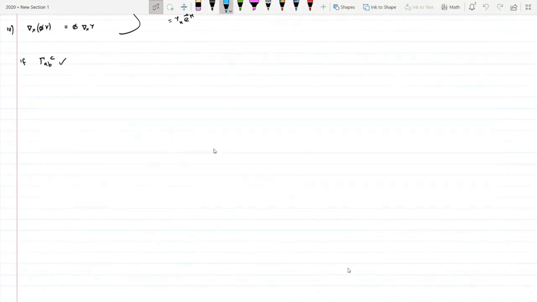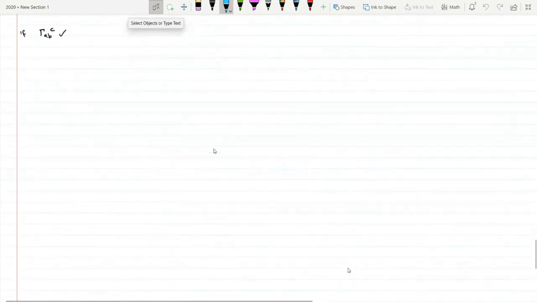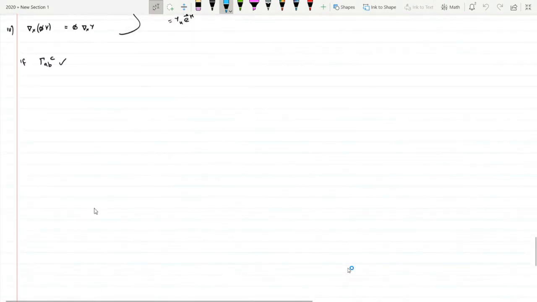And I'm just going to show you this because you can actually prove it, I mean, I really don't want to prove it, but you can. I'm just going to write it out for you first, okay? Gamma mu rho. Can I do this from memory? Half g.